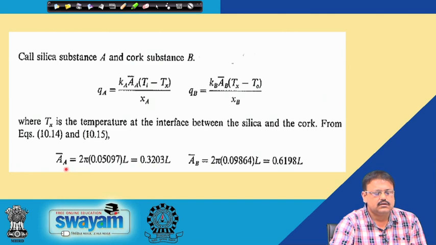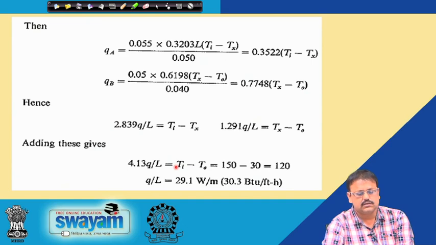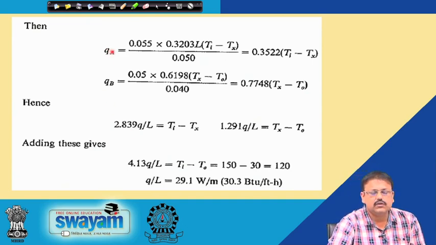The area equals 2 pi r L, which is already calculated, so we put that value, and A B comes to this.